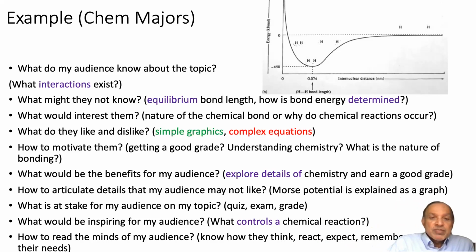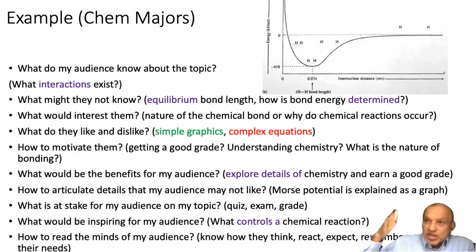What are the benefits to the audience? Explore the details of chemistry. Now they're really interested in knowing more about chemistry. It's beyond just earning a good grade, but earning a good grade is still one of the important motivations for all of us, all students. How to articulate the details they may not like? Again, the potential is explained as a graph, and potential energy surfaces are explained now.